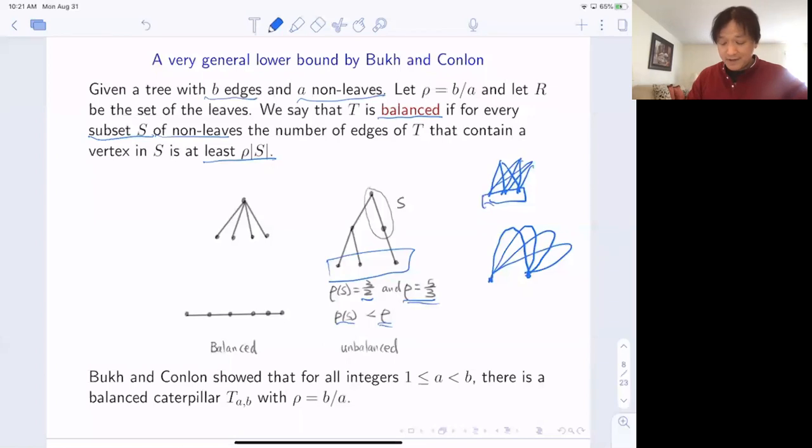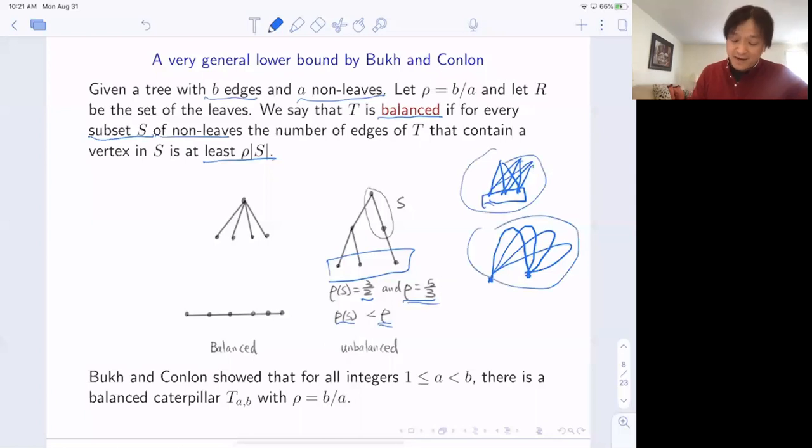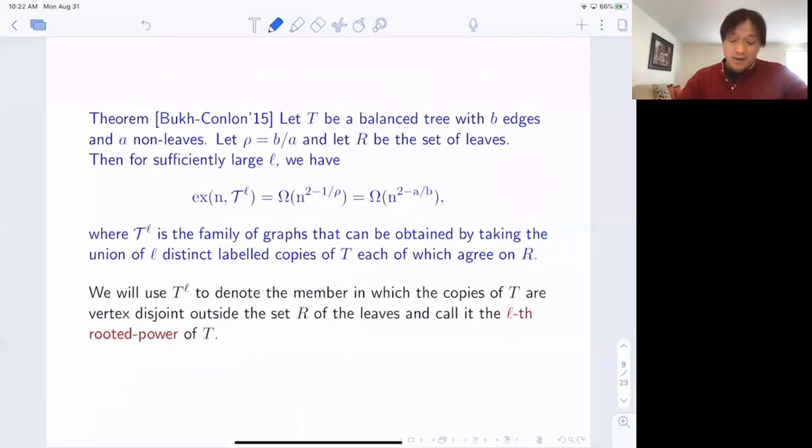Okay, so the significance of this is they are going to generalize the KST and Theta graph by taking a balanced tree, many copies of the same balanced tree, and gluing them at the leaves. Okay, so this is their main result. Let T be a balanced tree with B edges and A non-leaves. Define rho to be B over A. Let R be the set of leaves.